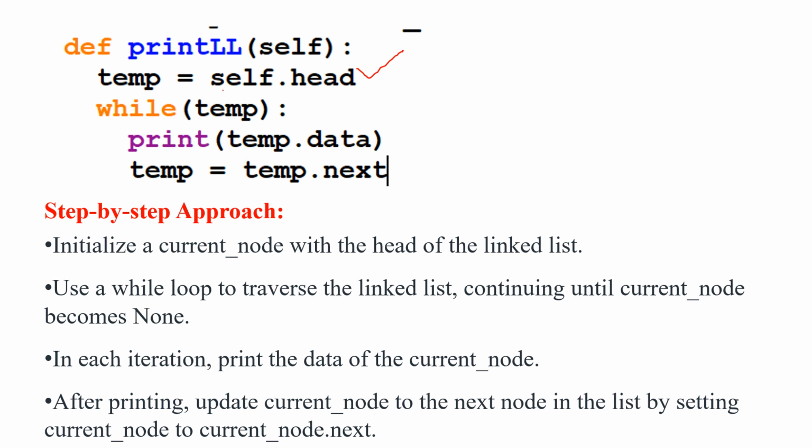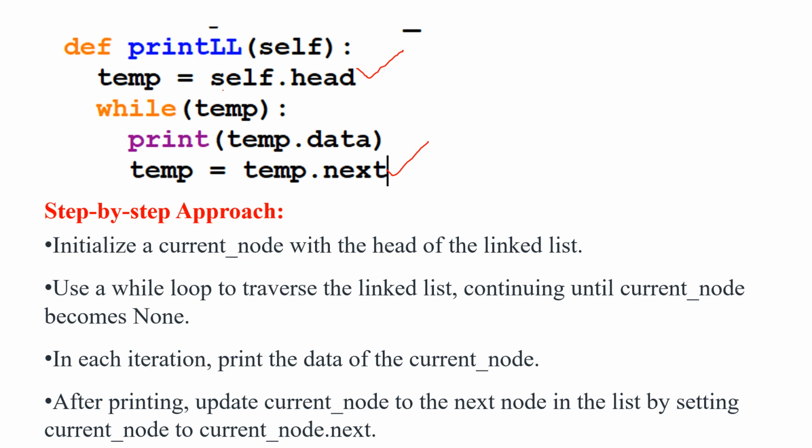Now while temp, print temp data. While temp is there, print temp data, and temp will be incremented by 1. This loop gets repeated until it reaches next null. Here is the step-by-step procedure.